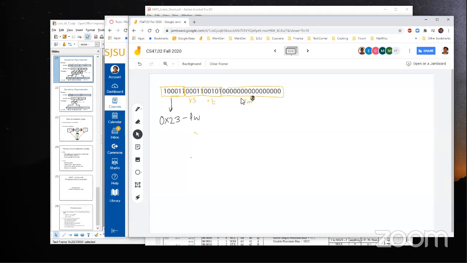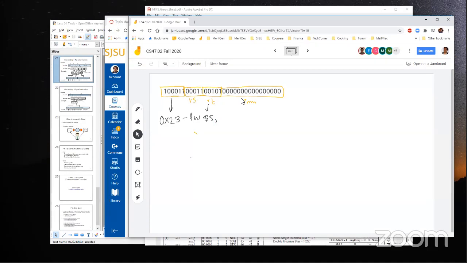So practically this one is load word. RS is my register number 3, so $3. Mnemonic-wise it would be different: RT comes first, which is register $5.